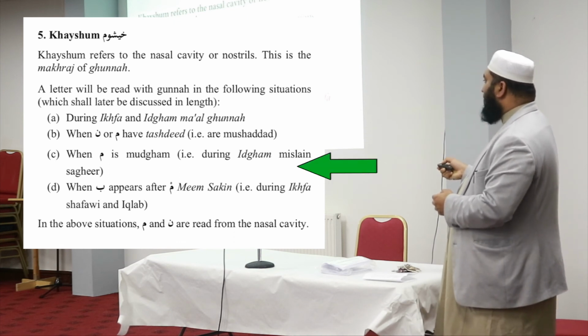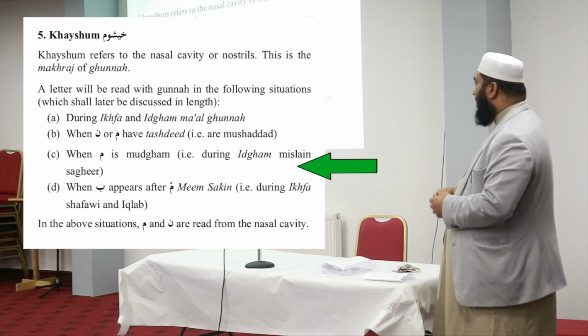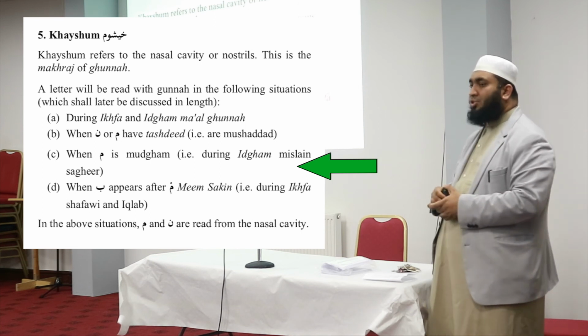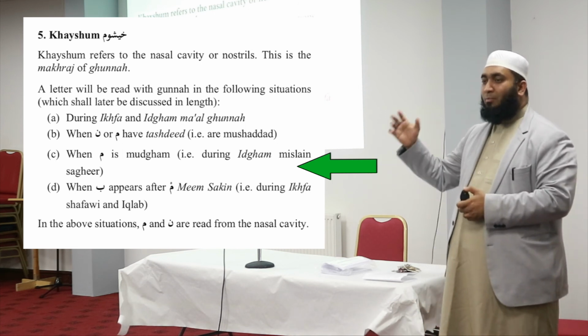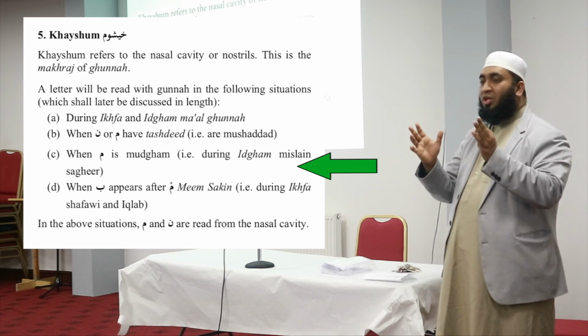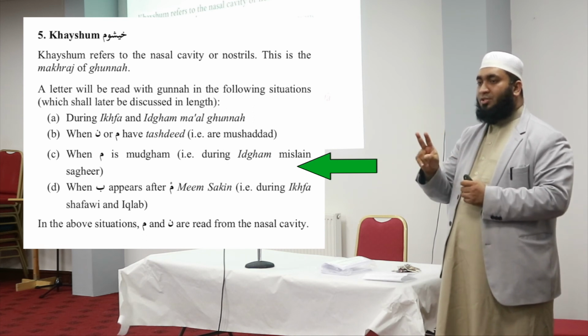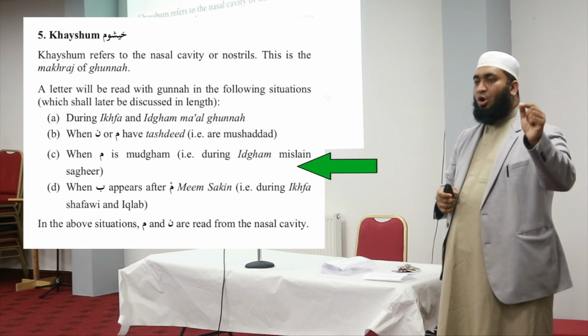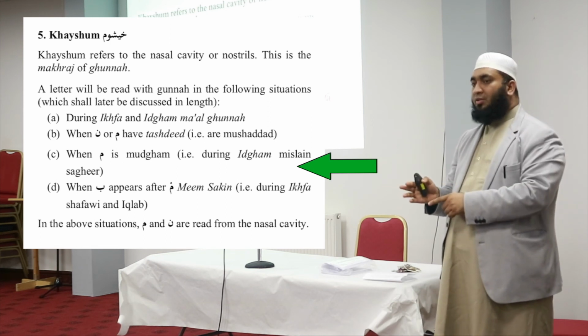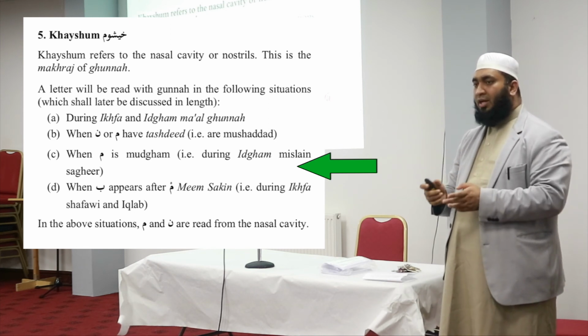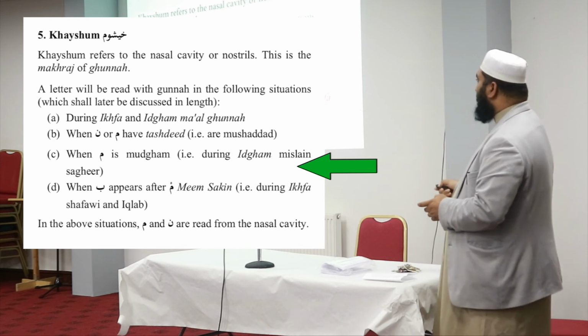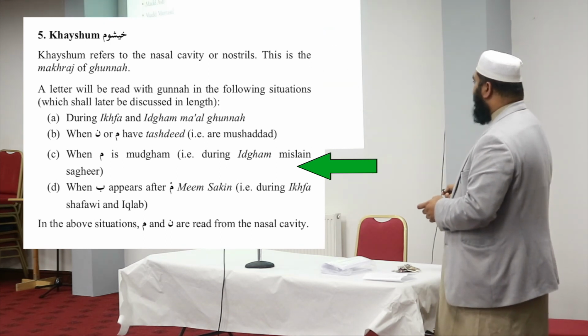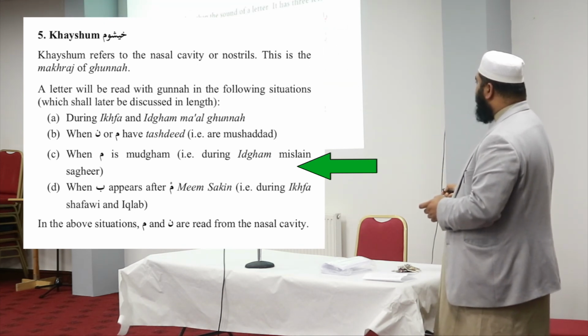Then we have when Mim is Mudgham. Mudgham is when we do Idgham. In Idgham Mislain Saghir, if a Mim comes after a Mim Sakin, this is called Idgham Mislain Saghir. Let me find the example for you.